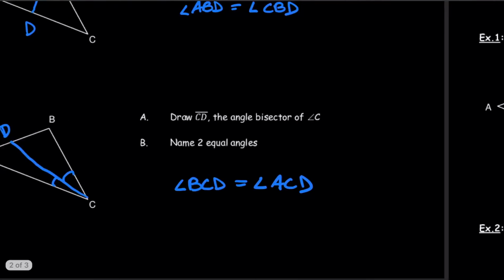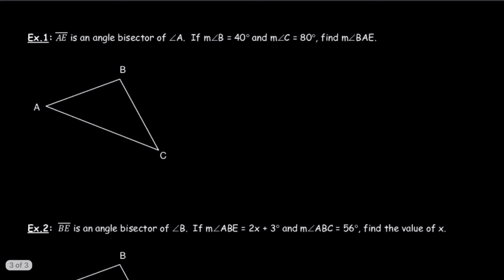Let's try some algebra. In this example, AE is the angle bisector of angle A. So we start at A, draw a segment that divides that angle into two equal angles. And that would be point E. Now, what it tells me is that the measure of angle B is 40 degrees.